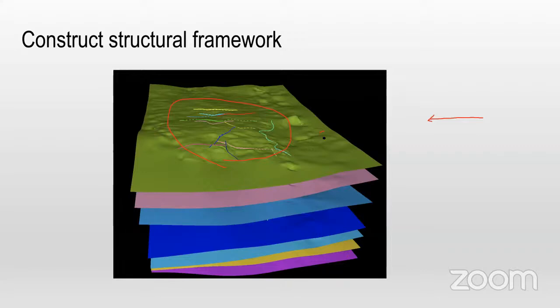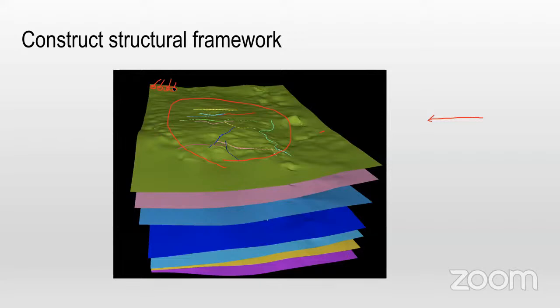You must divide this horizon, divide this interval into the cells. Why? Because you want to create a numerical model. If instead of this surface, you have the cells, you can apply to each cell, each individual cell, one number.